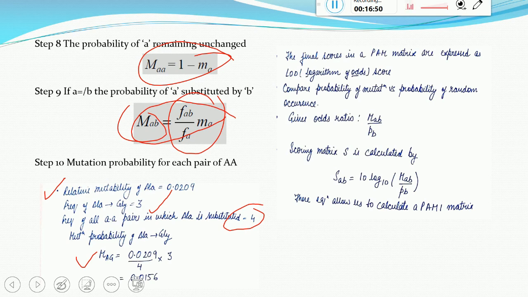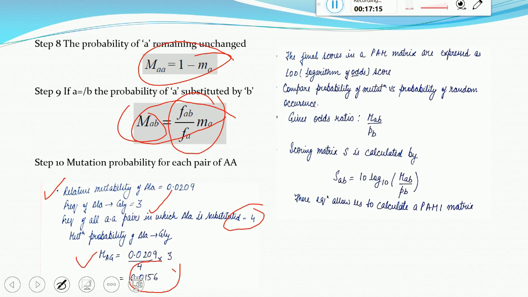The final scores in a PAM matrix are expressed as logarithm of odds scores, or LOD values. So once we have got these values, they will be converted into logarithm values. Now the next step is to compare the probability of mutation versus the probability of random occurrence. How do we do this?